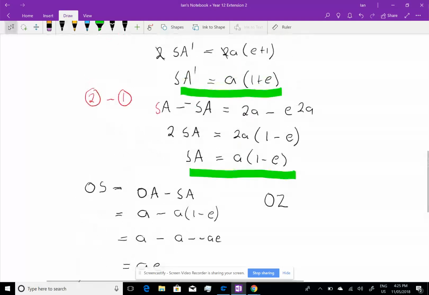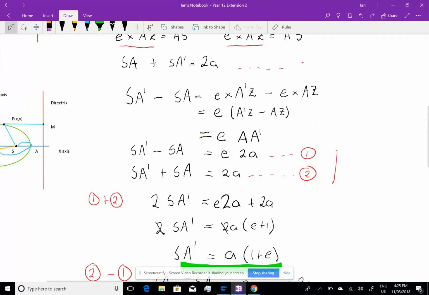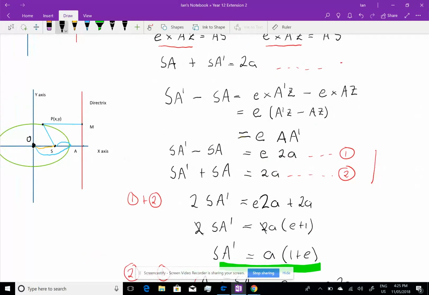Righto. Let's have a look at OZ, because OZ, remember, Z is this point here, and it's going to give us the equation of the directrix. So let's get rid of these. OZ. Now, OZ is OA plus AZ.